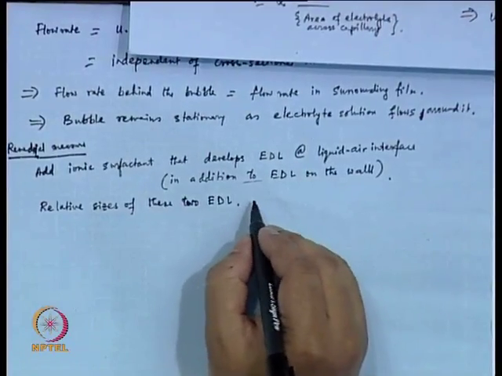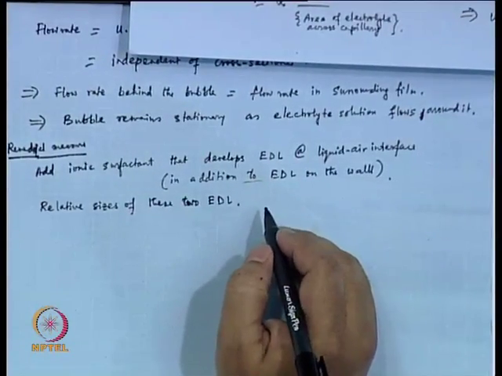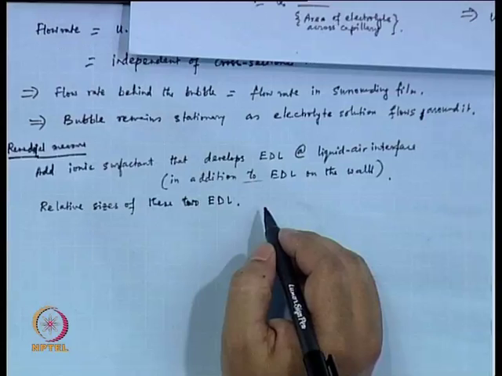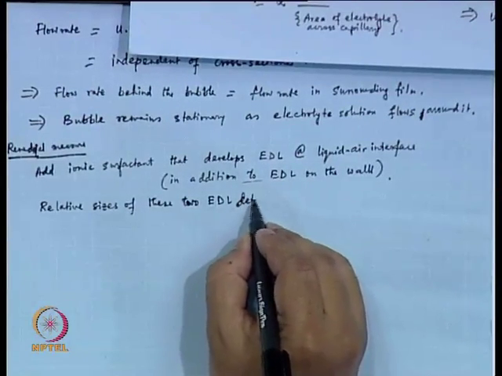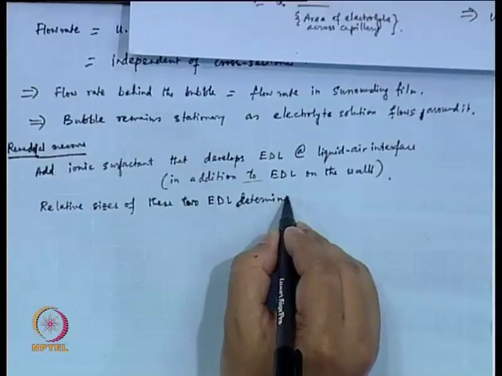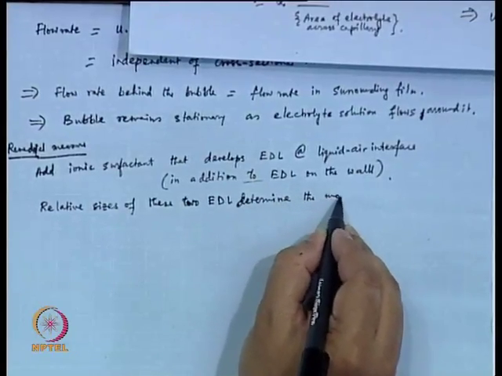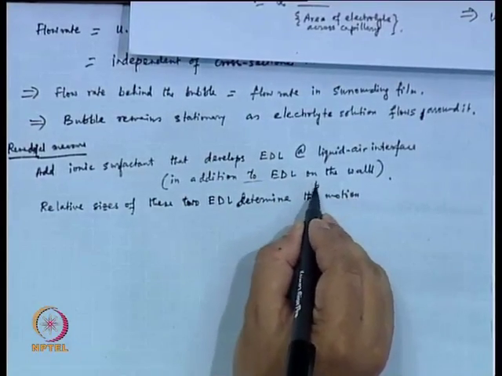The relative size of these two double layers, that means the d by lengths of these two double layers, basically determines the bubble motion.